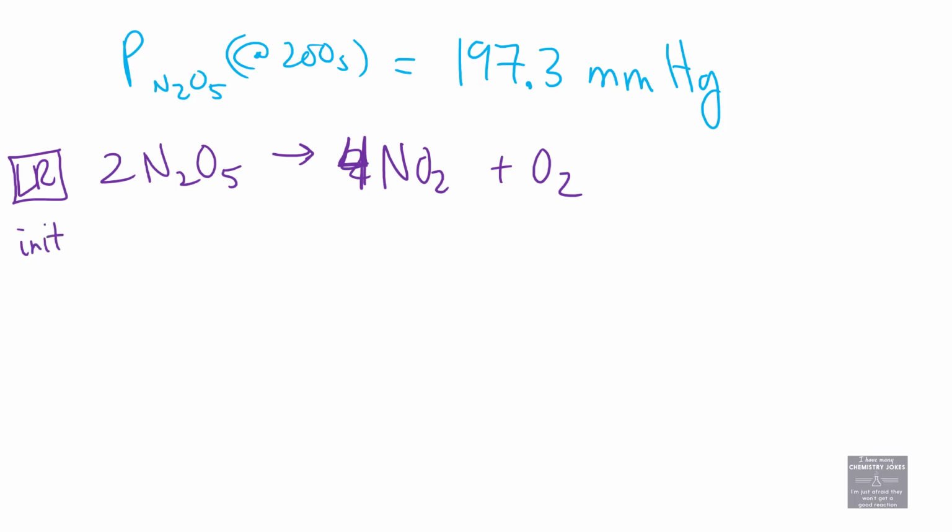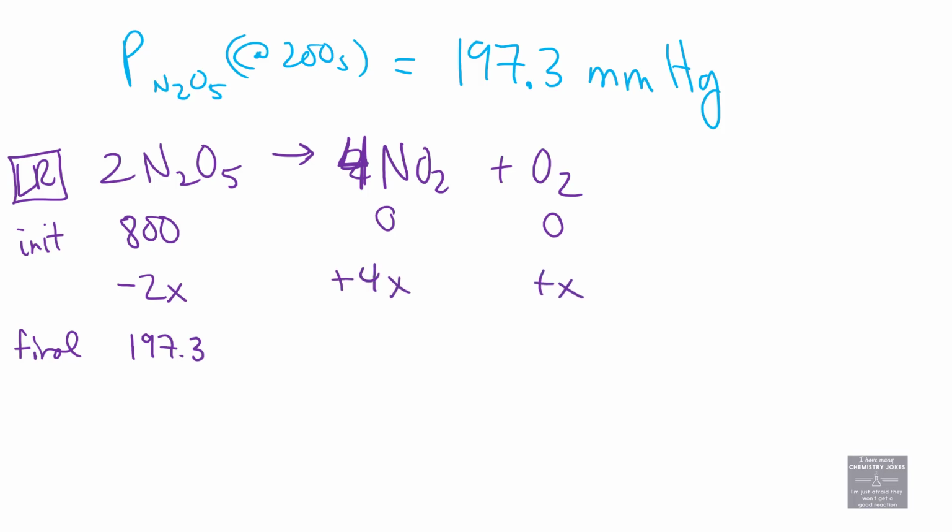My initial pressure of N2O5 is 800 millimeters of mercury, minus 2x, and my final is 197.3. I have none of this, none of that. I'm going to gain 4x, gain x.